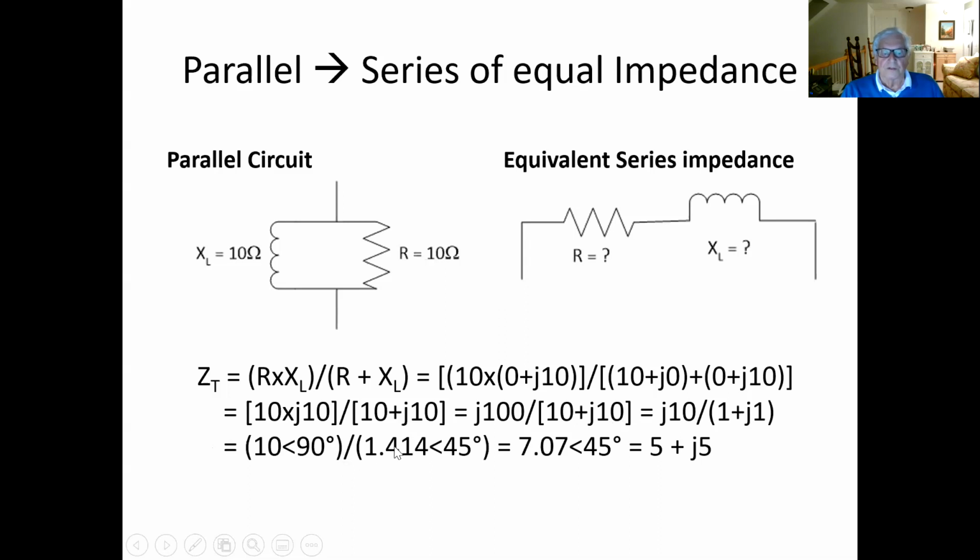Finally, the division is done by the polar method to get a 5 plus J5. If that's ZT, then we know that 5 ohms is the resistance, 5 ohms is XL.